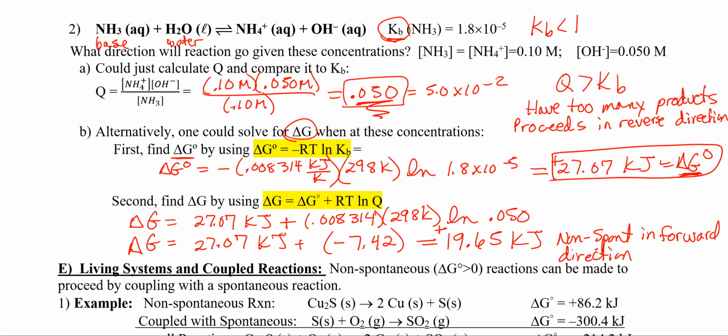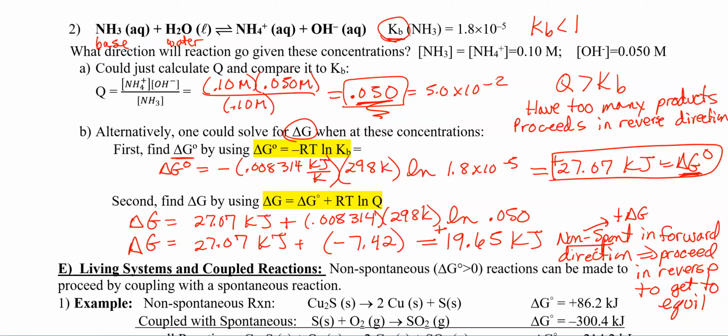So again, it's telling you it would proceed in reverse to get to equilibrium, right? Non-spontaneous in the forward direction because you have positive delta G, and so it proceeds in the reverse direction to get to equilibrium.